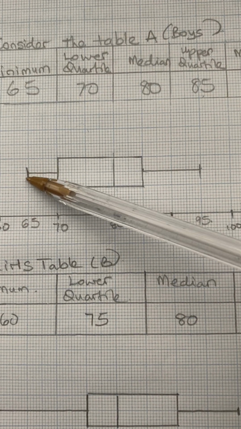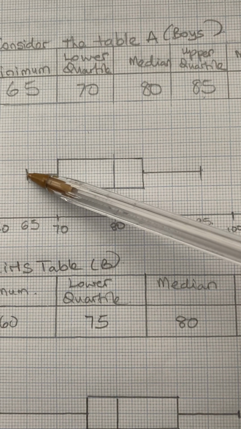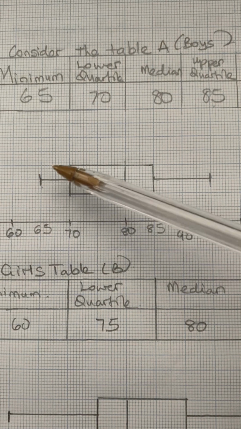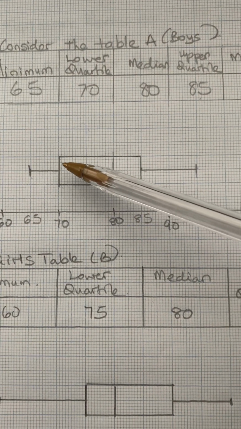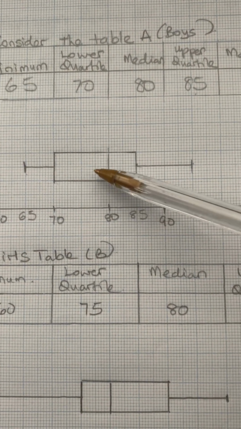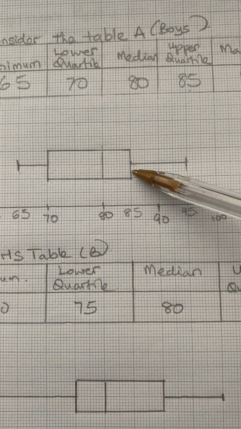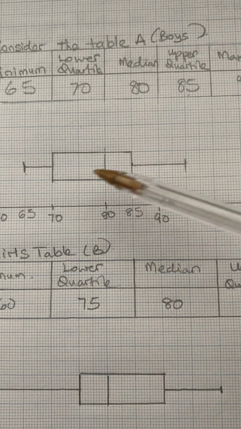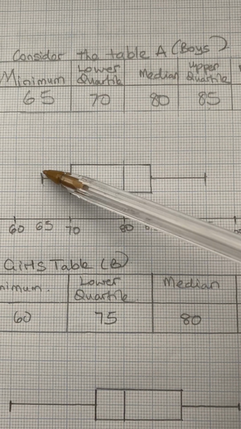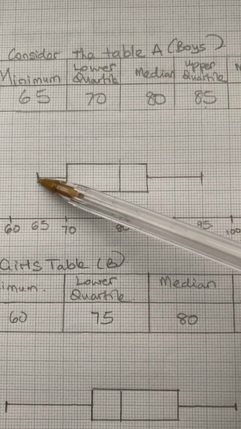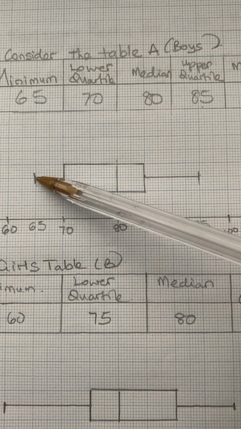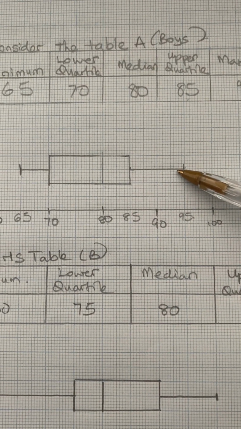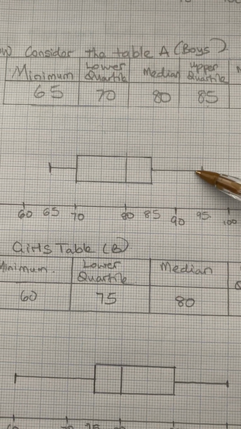You can put a cross or a short line. Okay, so you draw the box from the lower quartile through the median to the upper quartile. The minimum and the maximum, you have a straight line with a cross or just that to represent it. Okay, so take note of that. But we'll do a video on that.